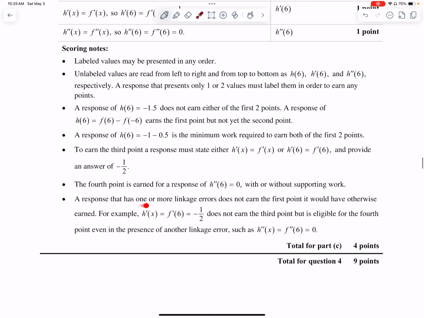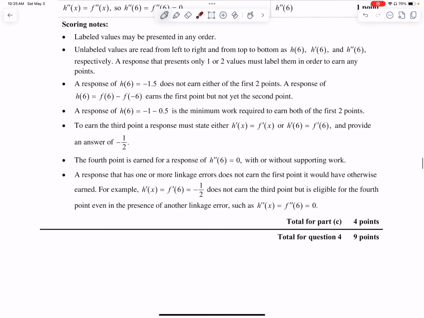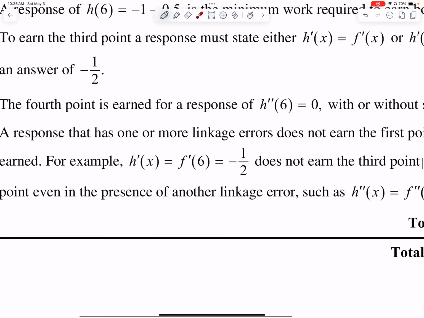A response that has one or more linkage errors does not earn the first point it would otherwise have earned. So they explain what they were talking about here. This is what a linkage error is. So here you have an x, but then you link that to specifically f prime of 6. Well, the derivative is not equal to just the derivative of 1 point. It's supposed to be changing, so that's a linkage error.